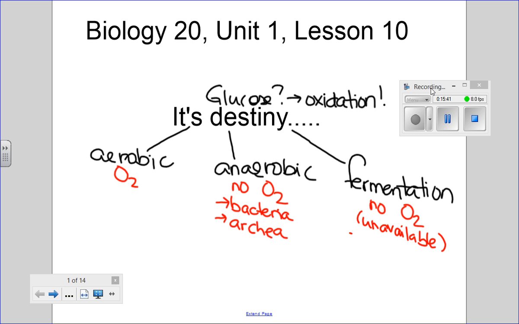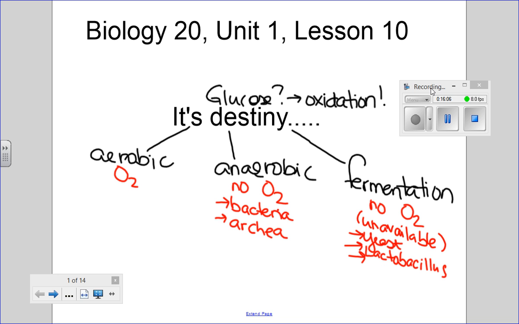Fermentation happens in different types of organisms. So fermentation is the kind of thing that happens in yeast. Fermentation is also the kind of thing that happens in something called lactobacillus. That's what makes milk go sour.